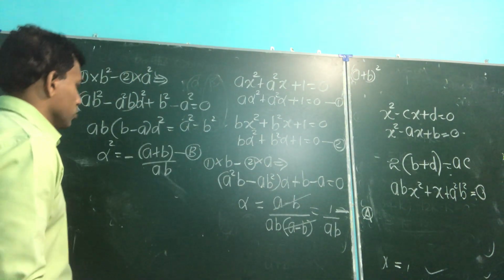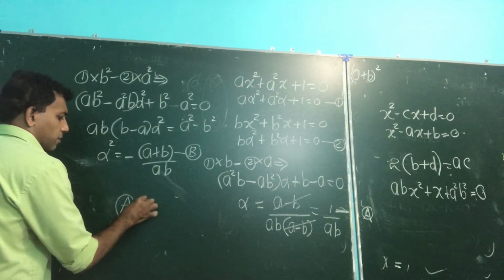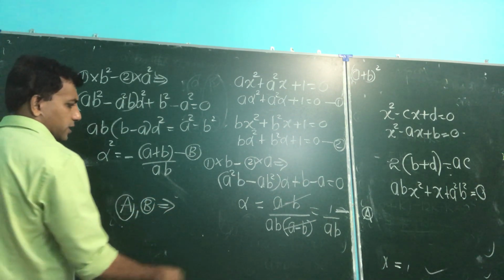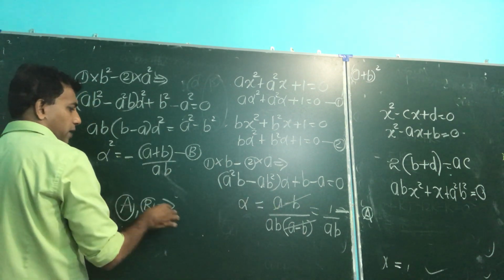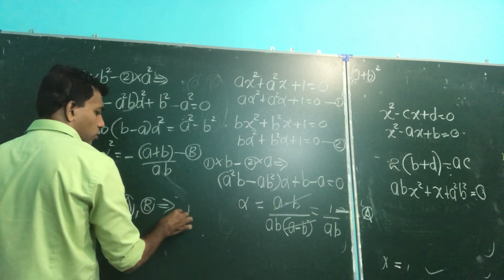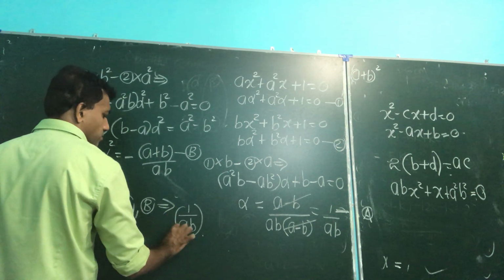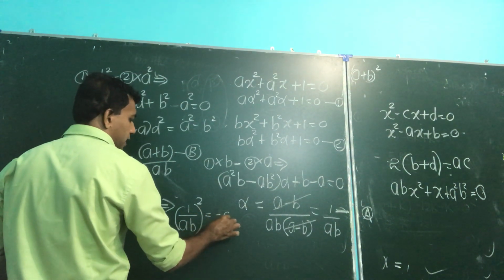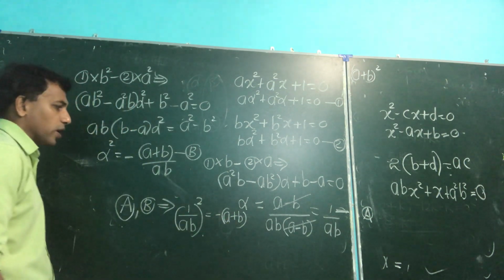Now connect both, a comma b gives you what? Square of that, it's alpha here, alpha square. Therefore 1 over ab square equals what? Minus a plus b. Is it alpha square, no?